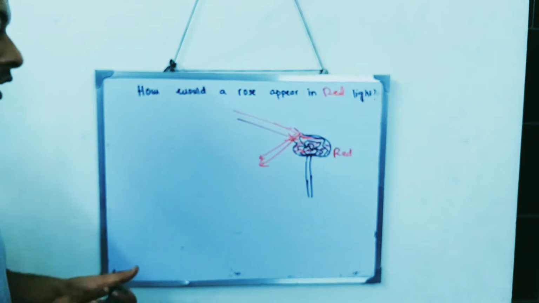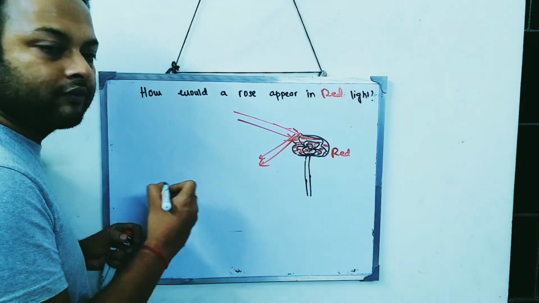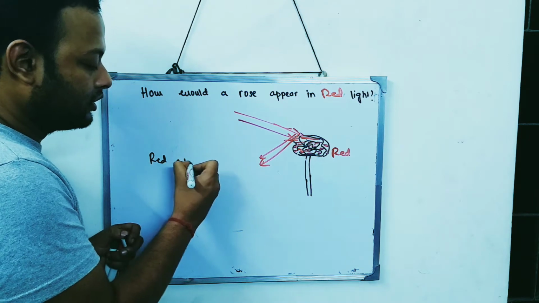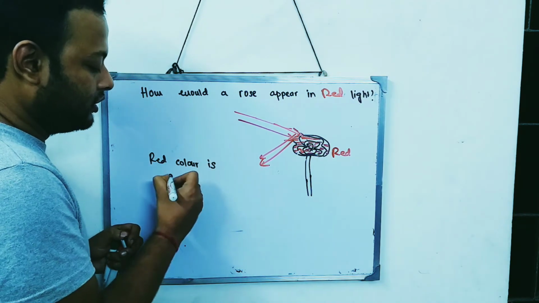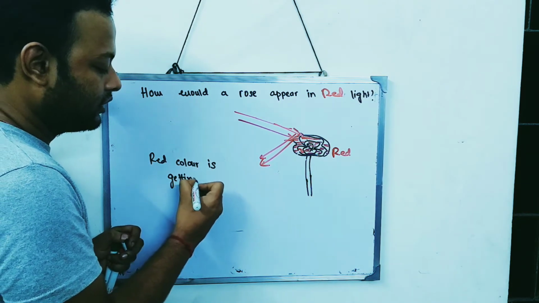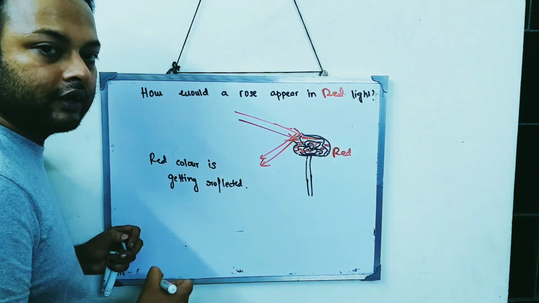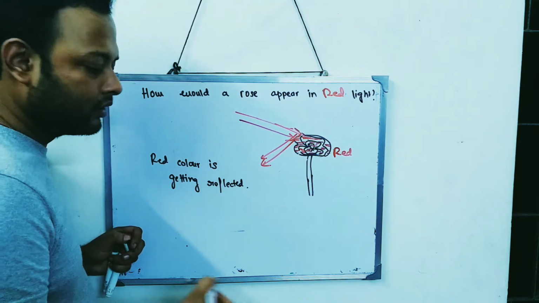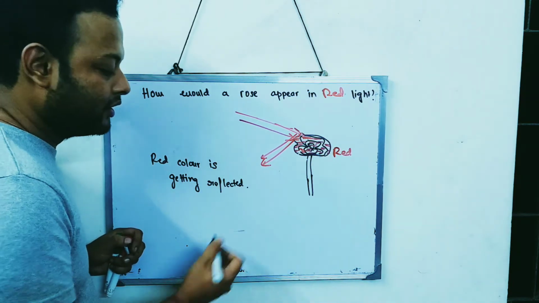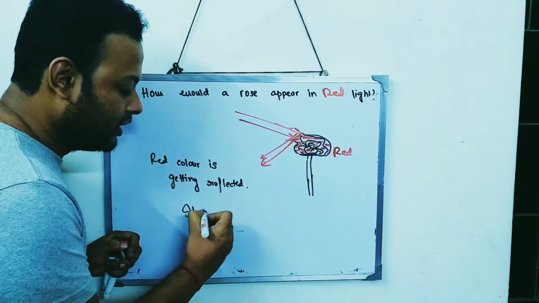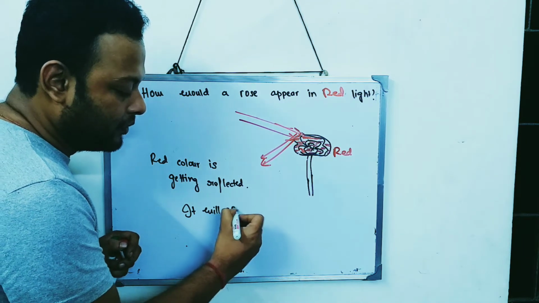So over here, what color is getting reflected? The red color is getting reflected and it absorbs nothing. So it will appear red in color.